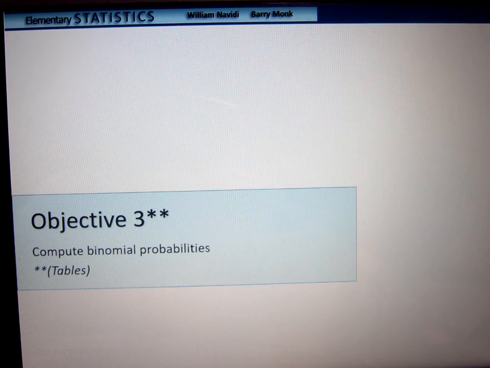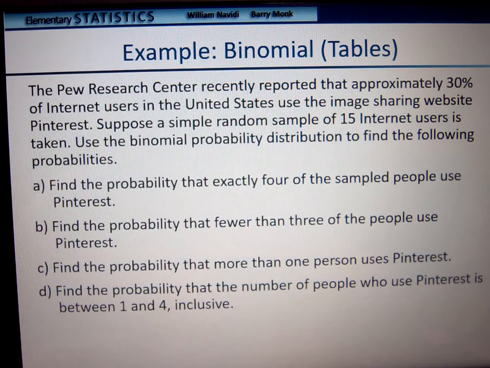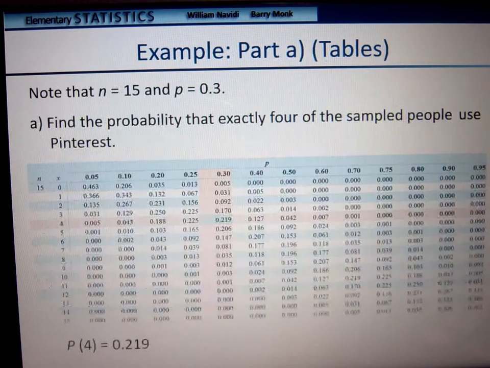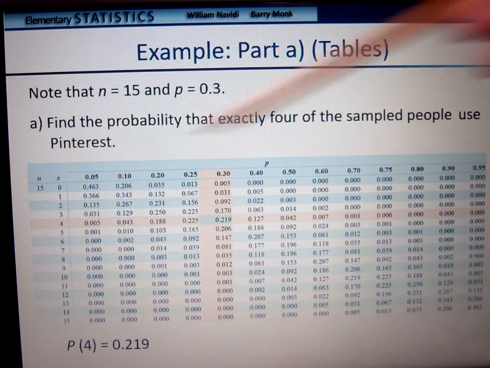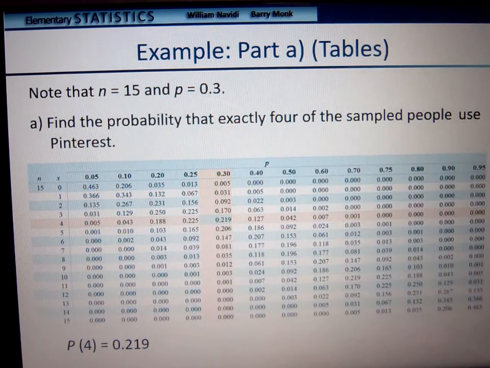Objective 3, we're going to look at computing the probabilities using tables. Here we have this same problem with the 30 internet users. Find the probability of exactly 4, fewer than 3, more than 1, and between 1 and 4 inclusive. Same problem we just looked at. If you have these binomial tables, either in a book or, in these days of Google and the internet, you can just look it up online.